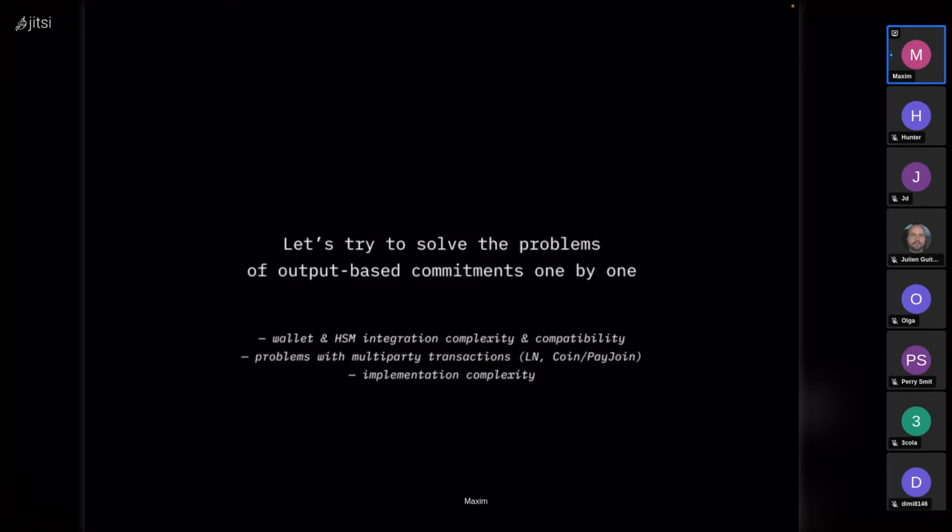In output-based commitment, we have problems in RGB with a pay-to-contract commitment, and we will try to find out if we can use some different commitment scheme based on commitments in the transaction outputs, which will let us avoid all these problems. The three main problems we are trying to solve are, first of all, wallet and HSM integration complexity and compatibility.